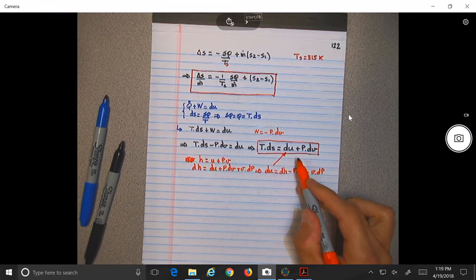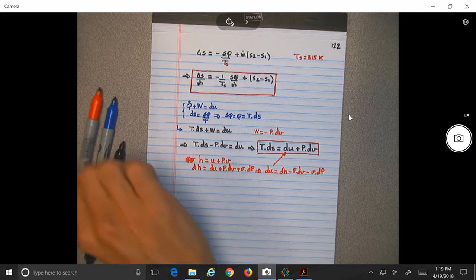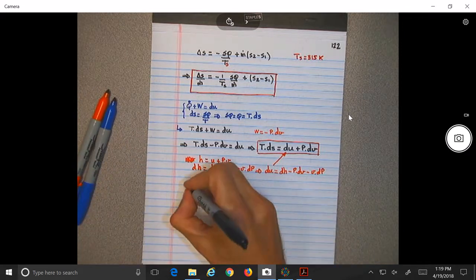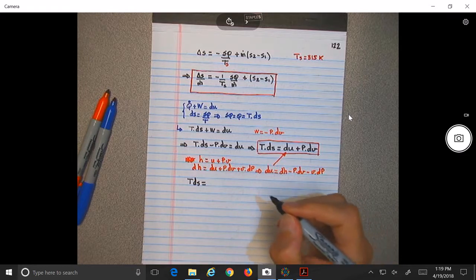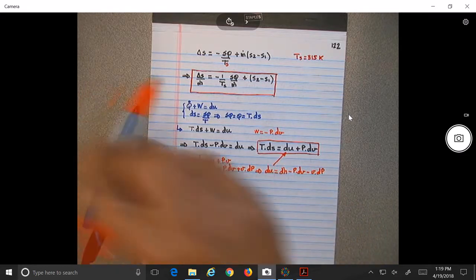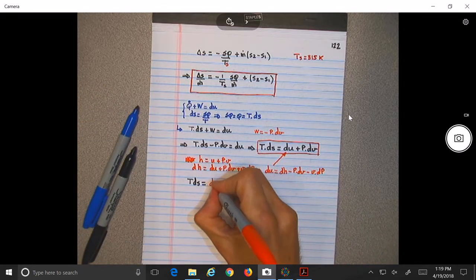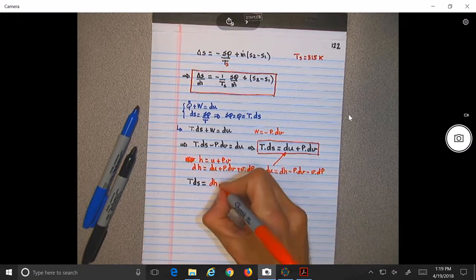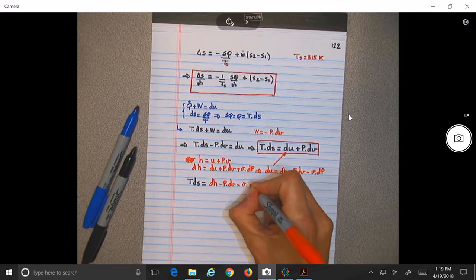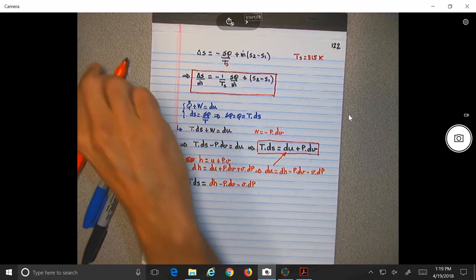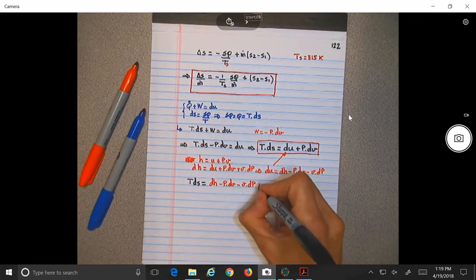If I substitute over here, we get the second TdS relation, which is what? TdS equal to what? dH minus PdV minus VdP plus PdV.